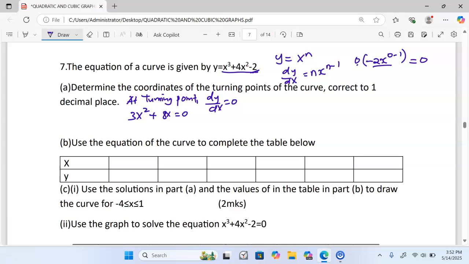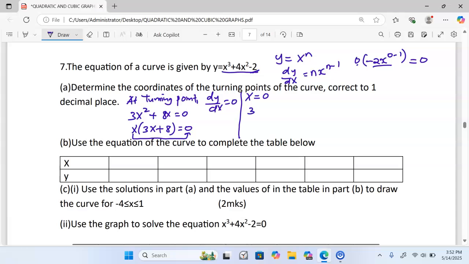Having done that, we can now factor the common term in 3x squared plus 8x, which is x, into 3x plus 8 and equate this to 0. At this point now we can say the first value of x will be equal to 0. That is done by equating this x that is outside to 0.